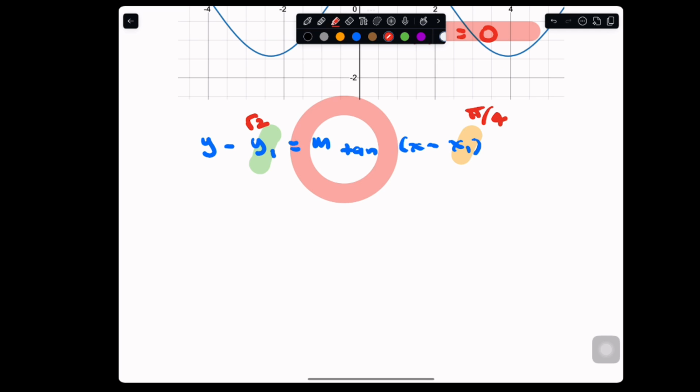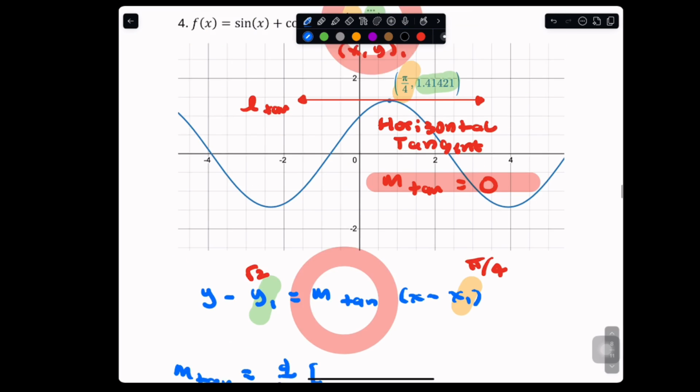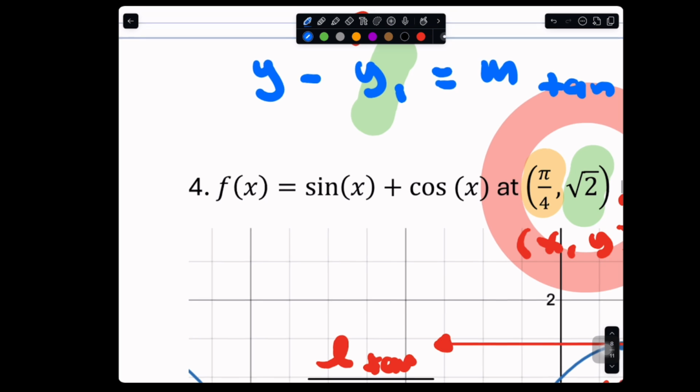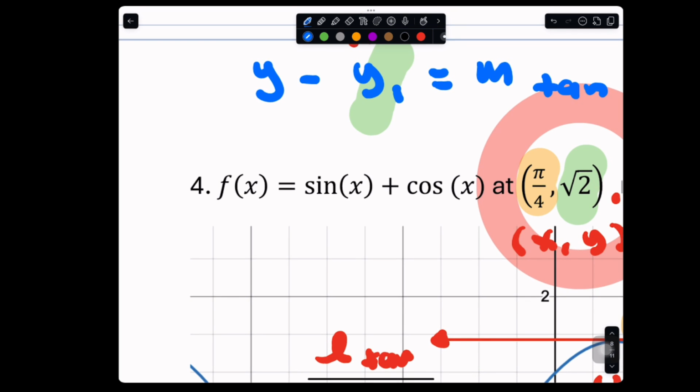M tangent again, by definition, is the derivative of your function. What's the function? It's sine plus cosine. Is that right?